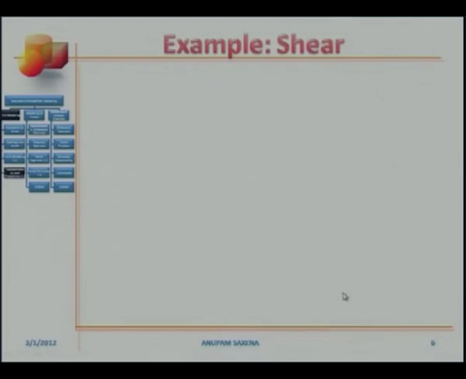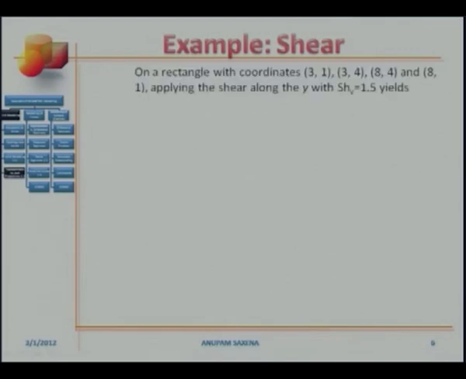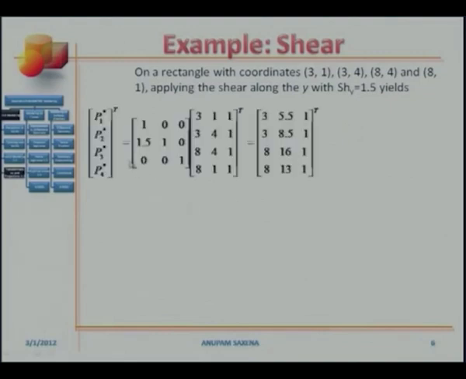A few examples of shear. On a rectangle with coordinates (3, 1), (3, 4), (8, 4) and (8, 1), if we apply shear along the y direction with the shear factor sh sub y as 1.5, we will get the new coordinates P1 star, P2 star, P3 star and P4 star.